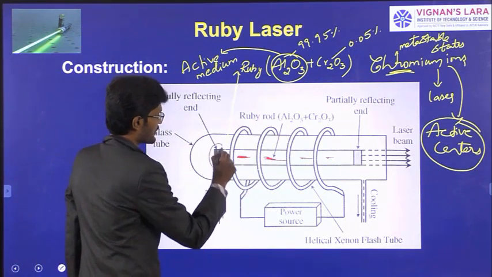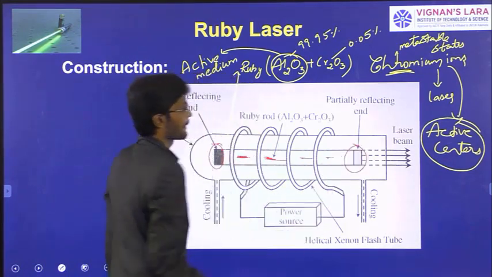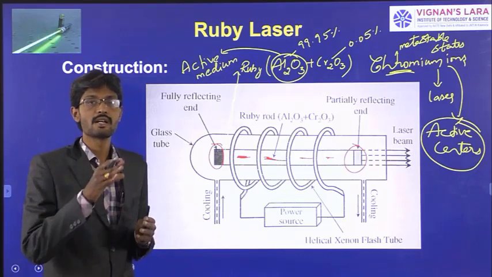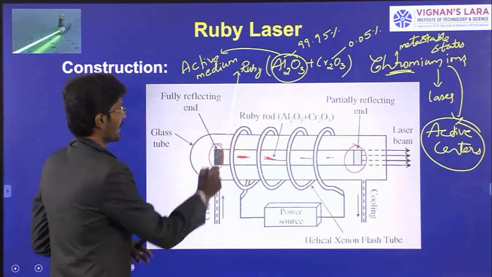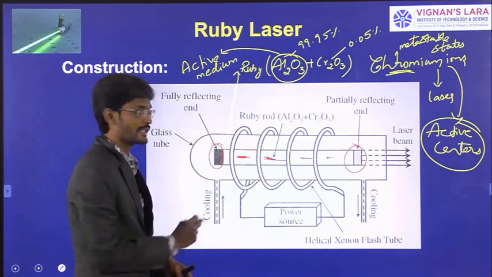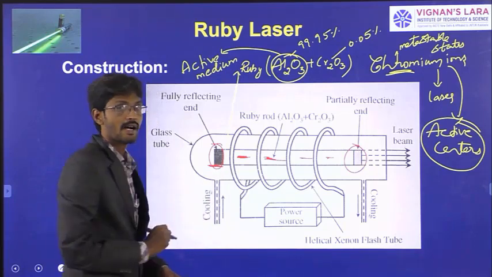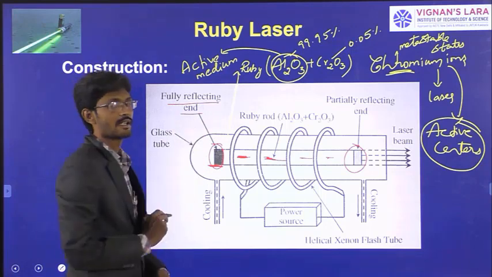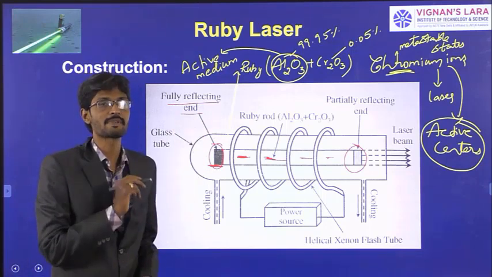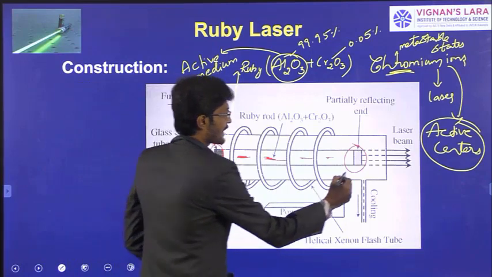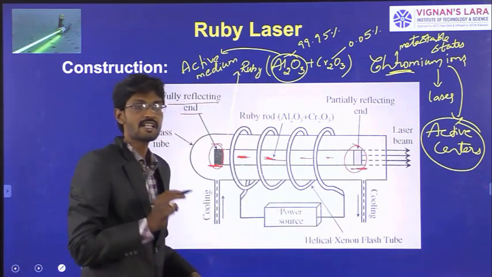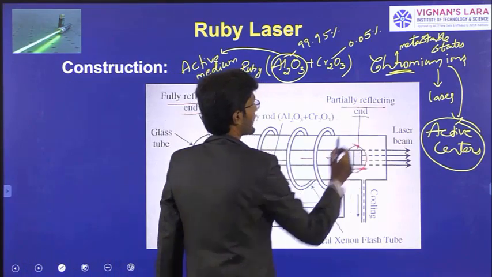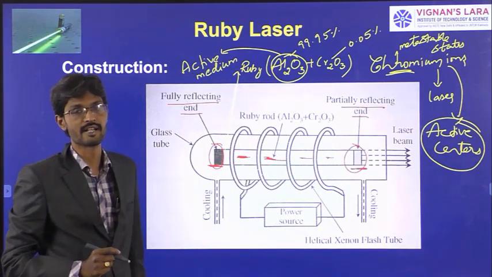The end surfaces of this ruby rod are ground and polished with silver. One end is highly polished with silver, and therefore it acts as a fully reflecting mirror surface or 100% reflecting surface. The other end is partially coated with silver, and this will act as a partially reflecting surface.